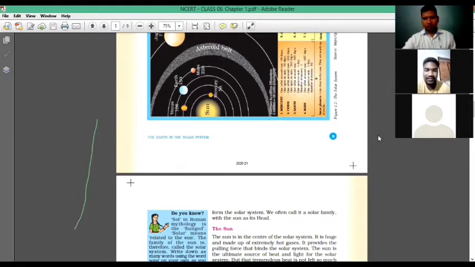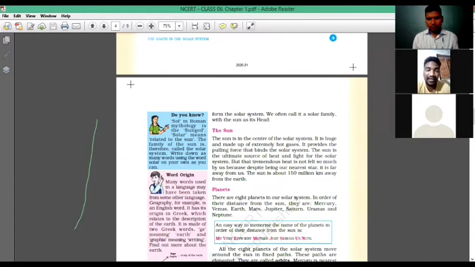This is an important point to be known, and I want you to write this down. This might come in your exams, so this point is to be noted.